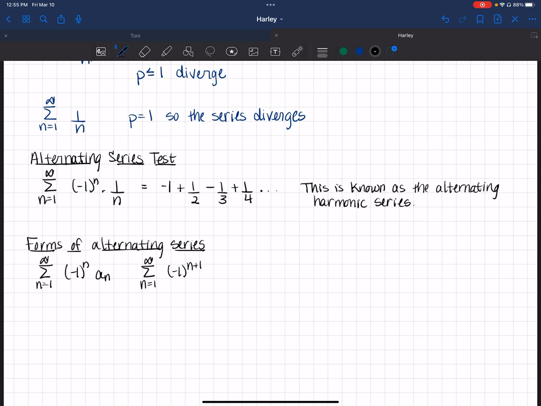That's the same thing, since n is increasing by whole numbers, 1, 2, 3, 4. All they've done is start with -1 squared instead of -1 to the first power. Of course, both of those a sub n's need to be positive sequences.